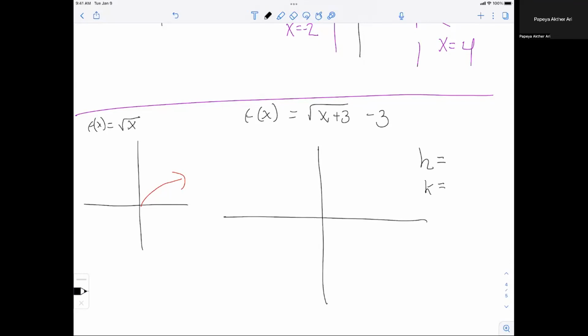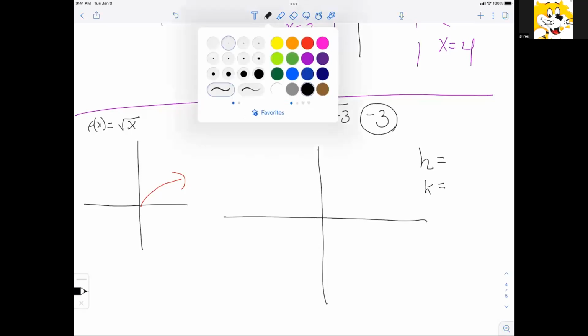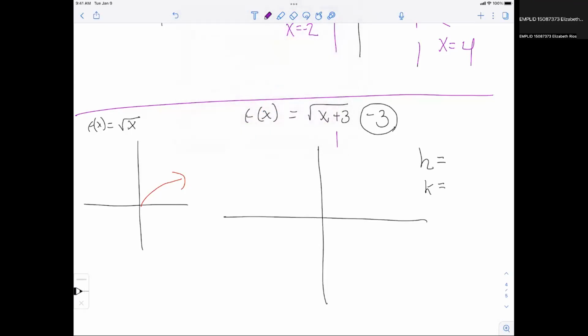The k is the +3. K always remains the same. The h is always the opposite value. So this is h, this is k. What would I put for k, 0 or -3? -3.